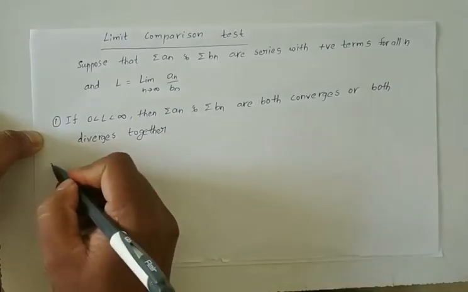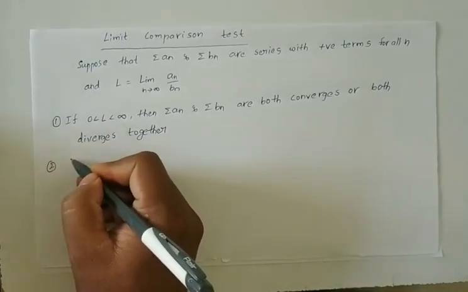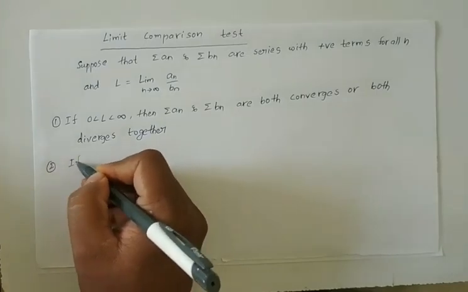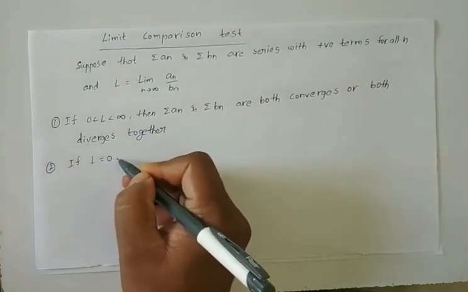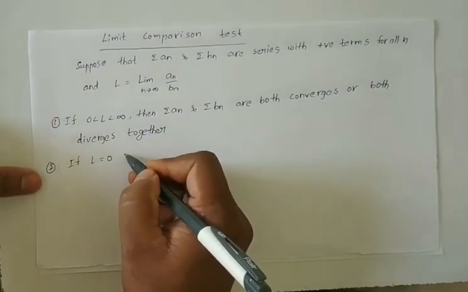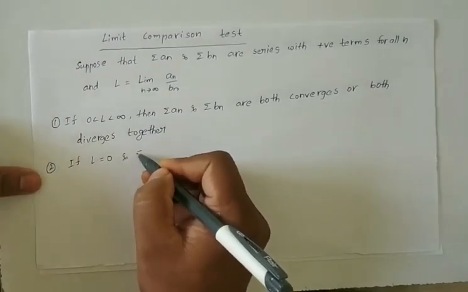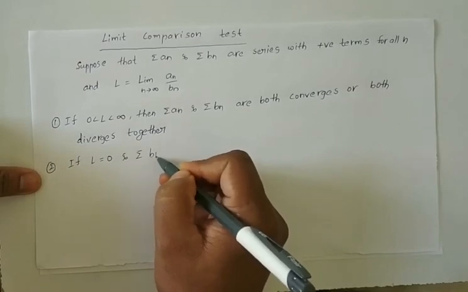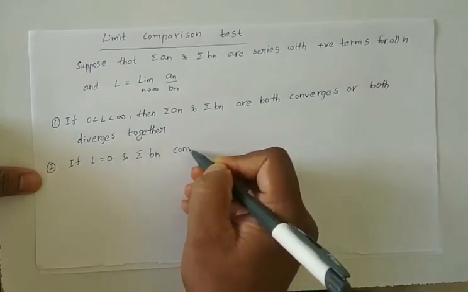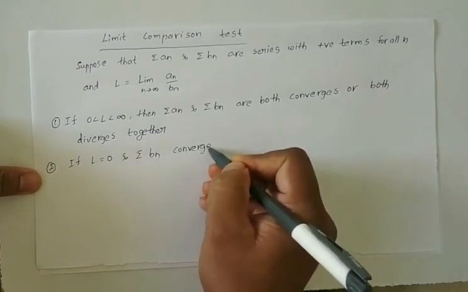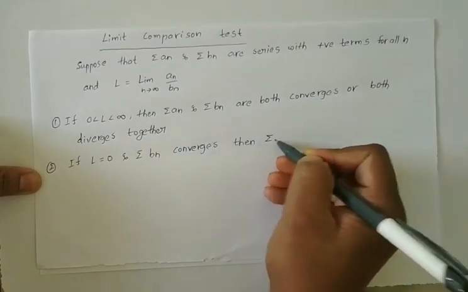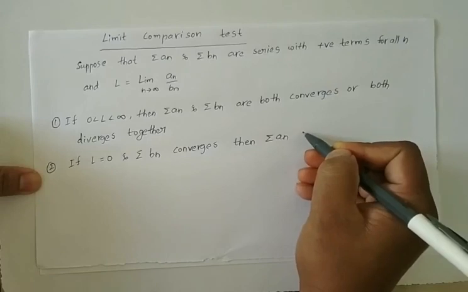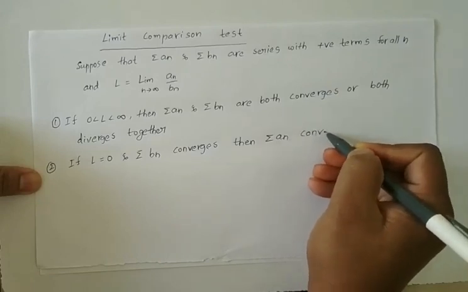Okay, second one, if L is equal to 0 and summation bn converges, then summation an converges.